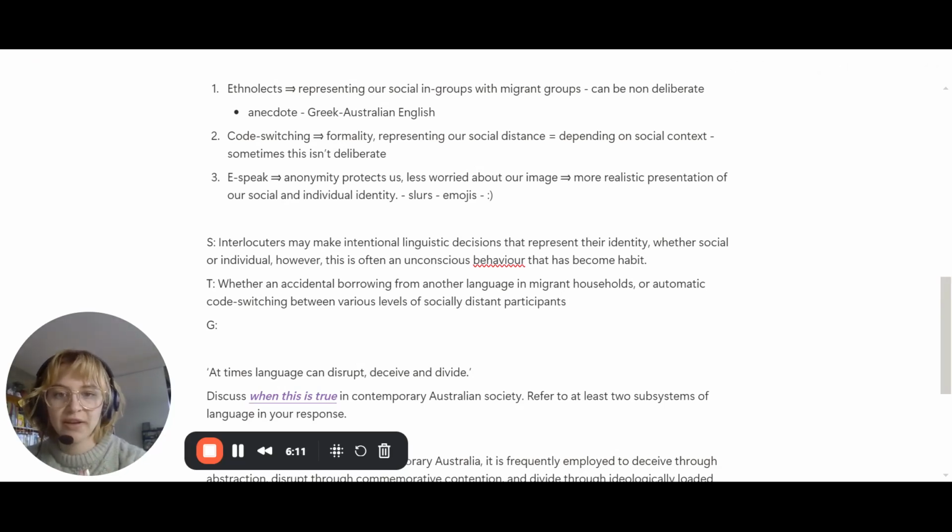Whether an accidental borrowing from another language in migrant households or automatic code switching between various levels of socially distant participants. Then I need another example.